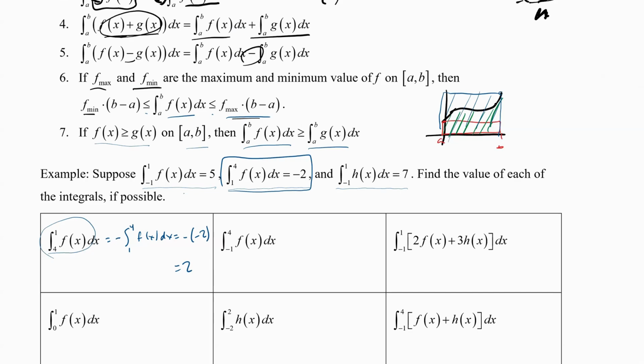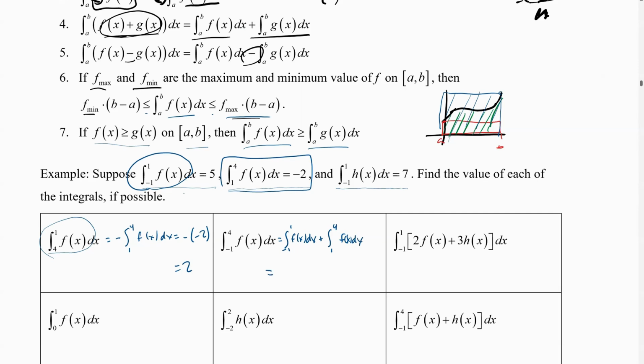What about this next one? The integral from -1 to 4. Well, I know the integral of f of x from -1 to 1. I know, let me see if I can write legibly, that'd be good. I know the integral from 1 to 4 of f of x dx.